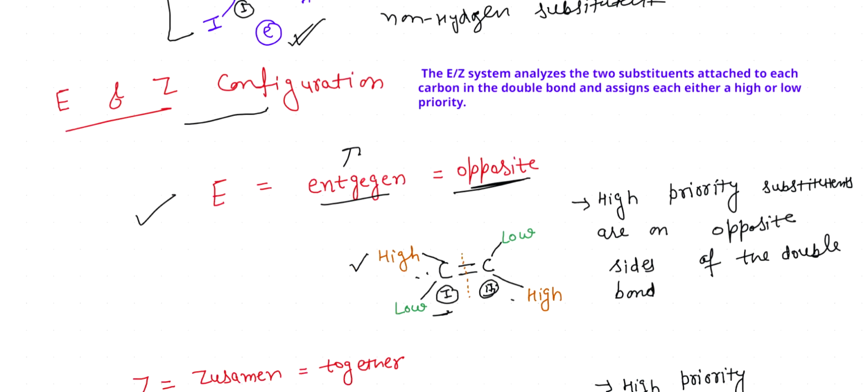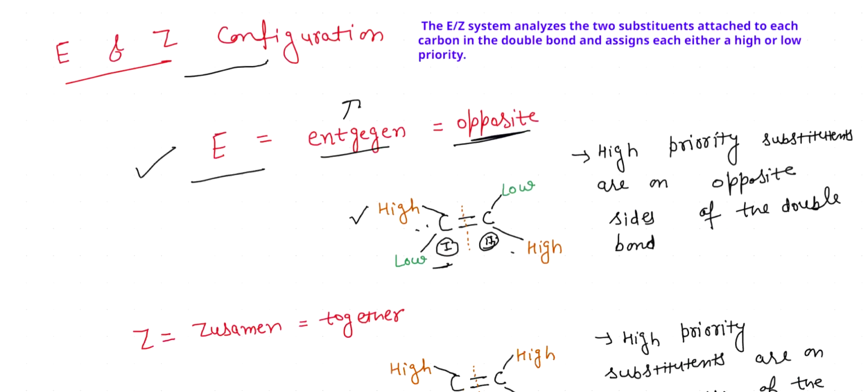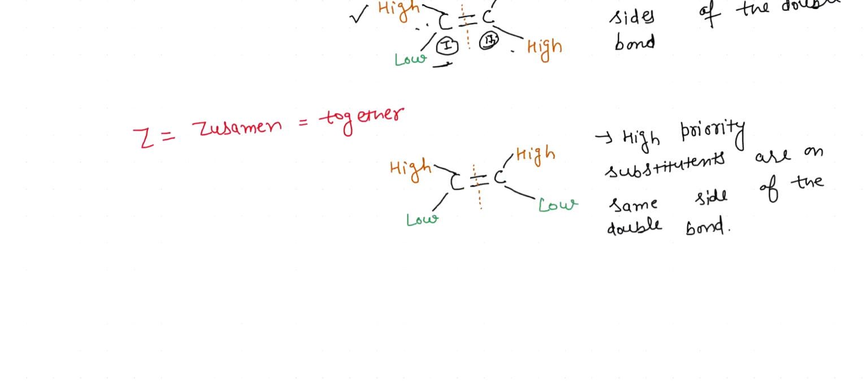I will discuss the example of this later, but first let us clear the difference between the E and Z isomers. Z means zusammen, and this is also a German word. It means together. When the high priority groups are present on the same side of the double bond, then you will designate it as Z isomer.